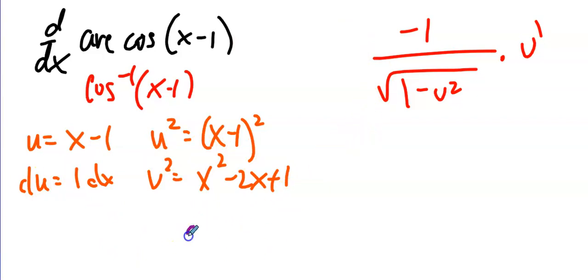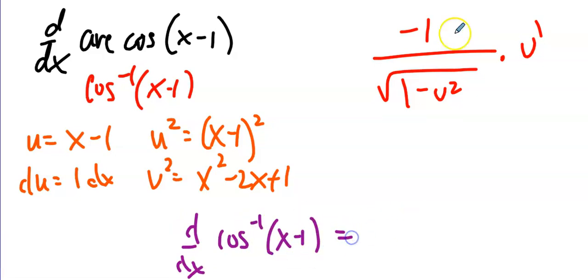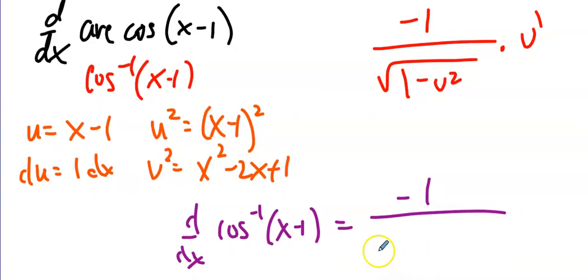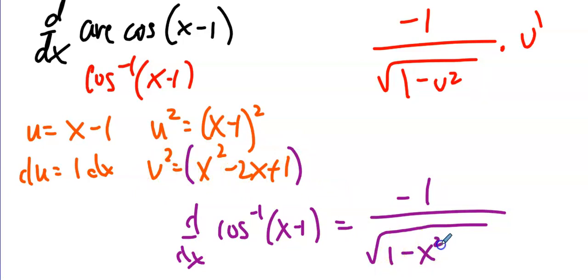So the derivative of arc cosine, or the inverse of cosine, is equal to negative 1 over the square root of 1 minus, and we're subtracting this whole thing, right? So if I distribute a negative, I'm going to do minus x squared, minus the negative 2x is going to be plus 2x, and then minus 1.